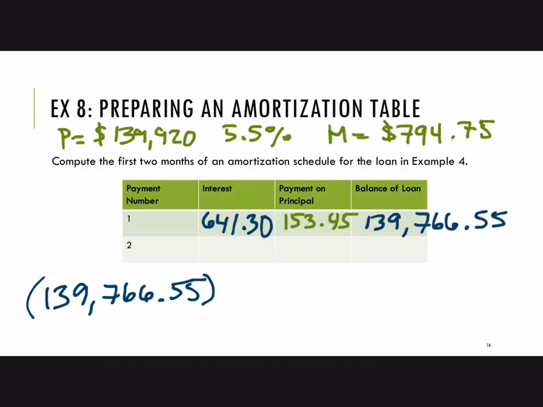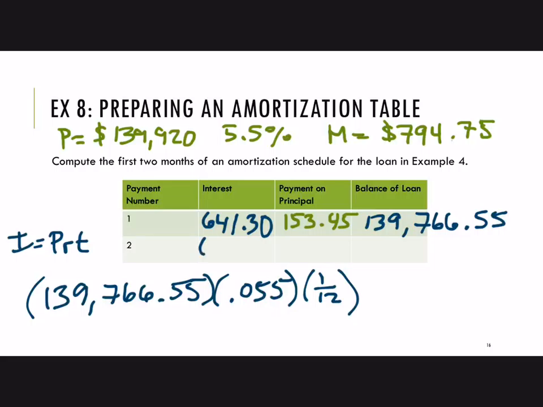Okay, and we're using the formula I equals PRT. All right, so same rate and same time period, it's going to be another 1/12. So for this month, the interest is $640.60.